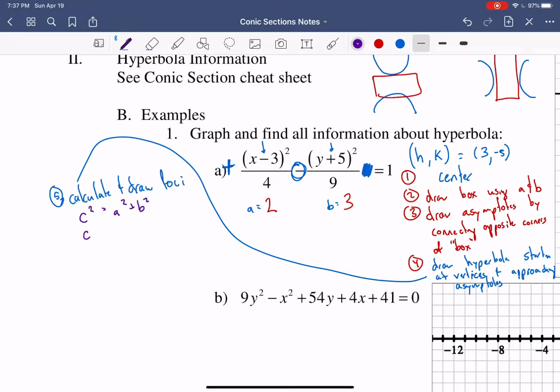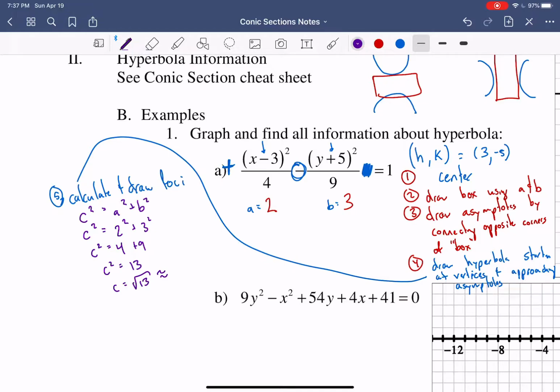So here that means we have 2 squared plus 3 squared. So that means we have 4 plus 9. So we have 13. Which means we want the square root of 13, which we can approximate so that way we can graph it a lot easier.